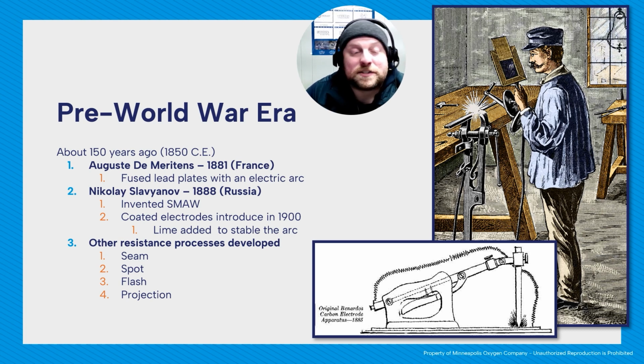It was the beginning of shielded metal arc welding, because in the 1900s more coatings were introduced to cover that bare electrode. So carbon welding, using a carbon electrode, was about the mid-1800s. When we start using a filler metal steel electrode, that's what Nikolai did, and then we developed more coatings and fluxes from there.